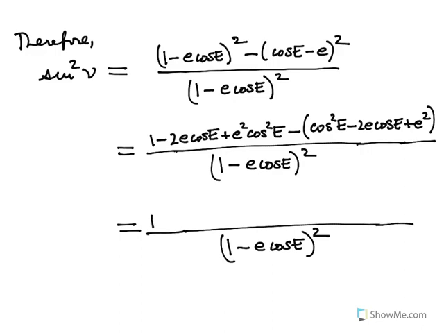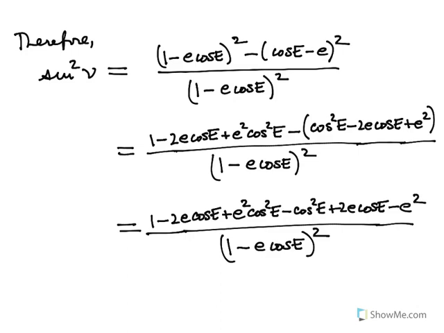expand this out. So we've got 1 minus 2e cosine of E plus e squared cosine squared E minus cosine squared E plus 2e cosine of E minus e squared, which is equal to 1 minus e cosine of E, the whole thing squared.